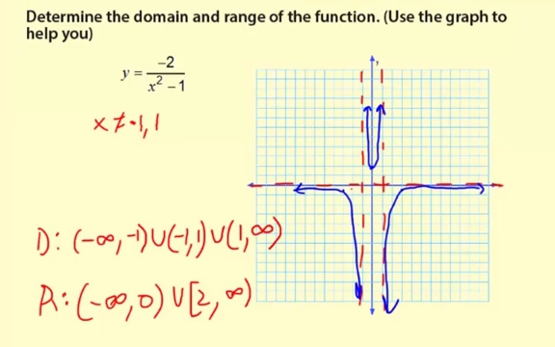And we did two subsets for that one, anything below 0 or negative, and then anything from 2 and greater. That's this closed at 2 and then open infinity. Okay, so that's how you can find the domain and range of a rational function. And good idea to use the graph to help you.